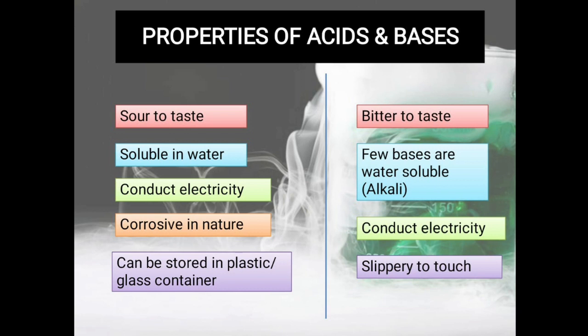Acids are corrosive in nature, and bases that are strong are also corrosive in nature. Acids are stored in plastic or glass containers but not in metal containers because metals can react with acids, and bases are slippery to touch. But one common similarity between acids and bases is that both can conduct electricity.